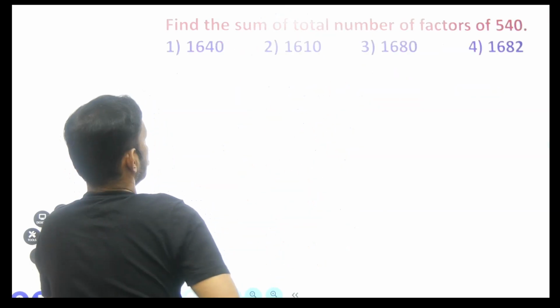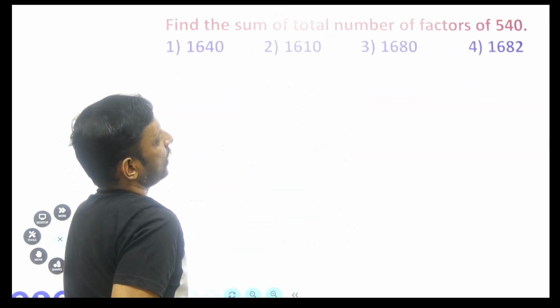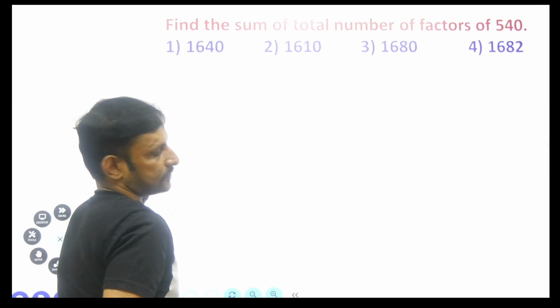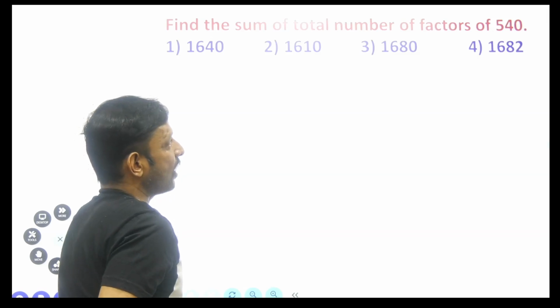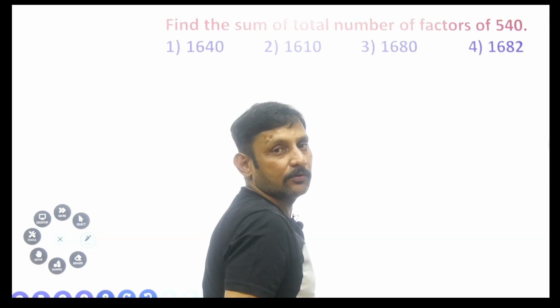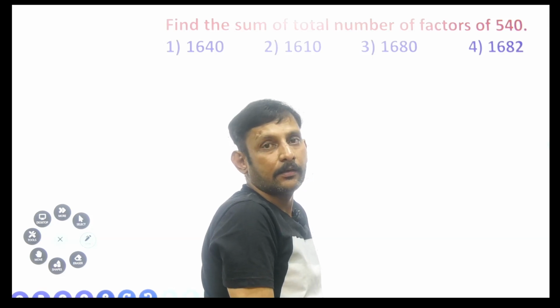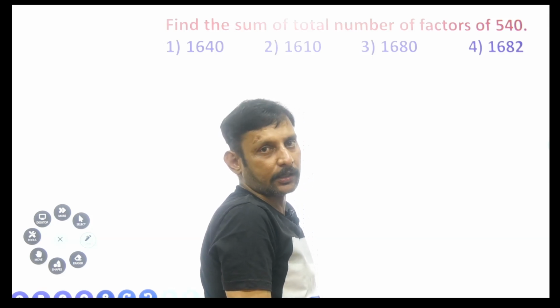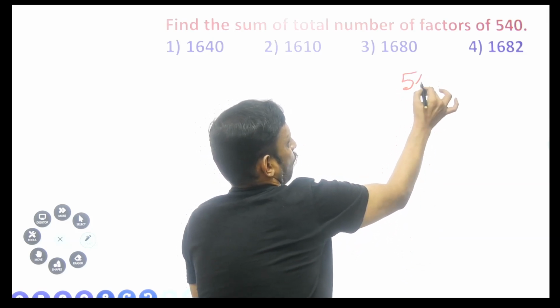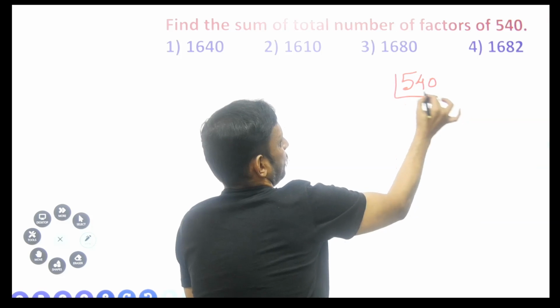Okay. Next. The total number of factors... the sum of the factors of 540. See the concept here, you have to find the product of prime factors. The given number is 540. What is the least prime number? 2.